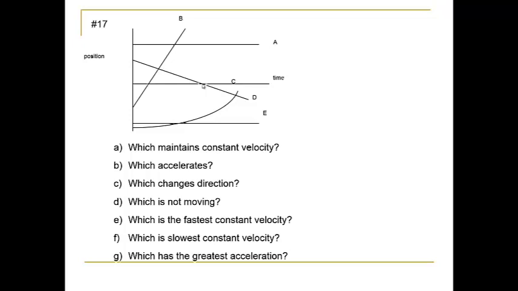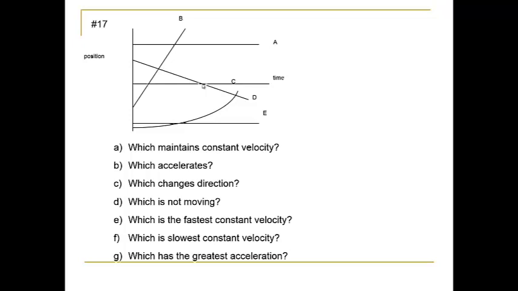So, sorry about that. For part D, which one is not moving? The two that are not moving are going to be your constant horizontal lines, which would be A and E. Which one has the fastest constant velocity?